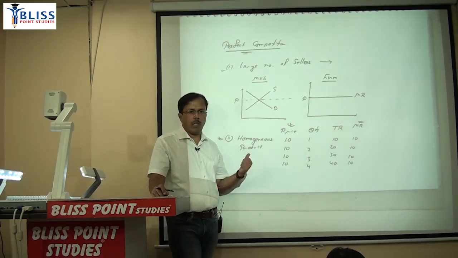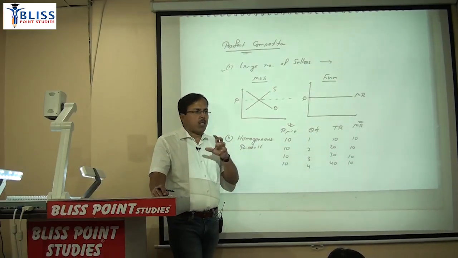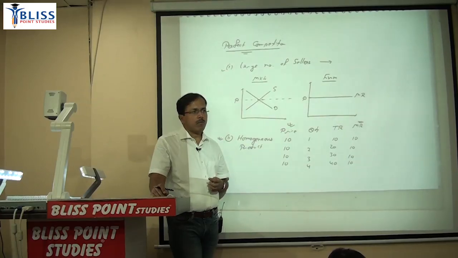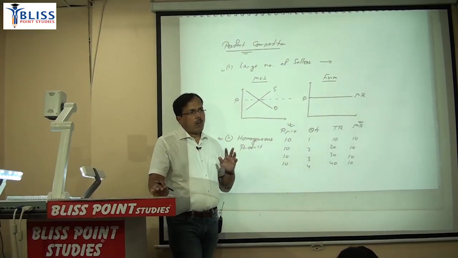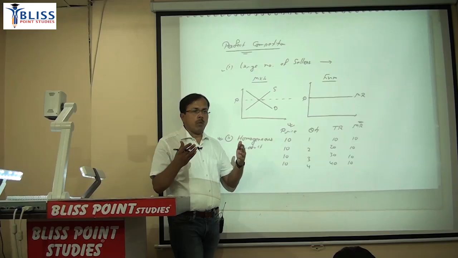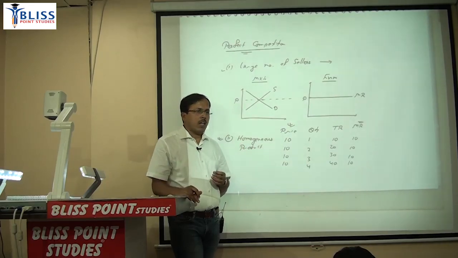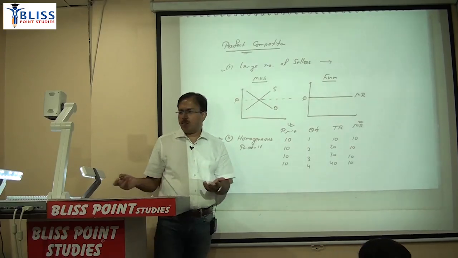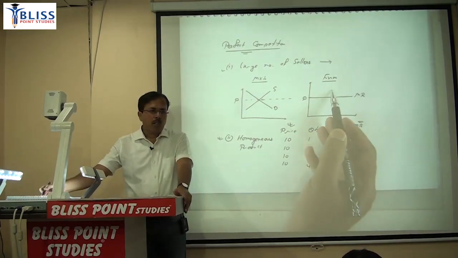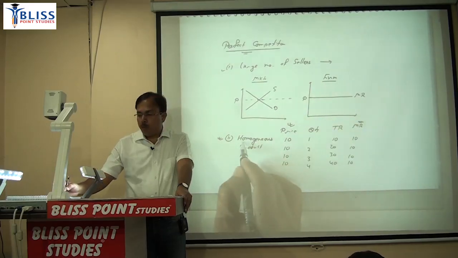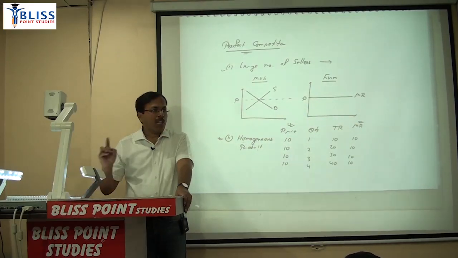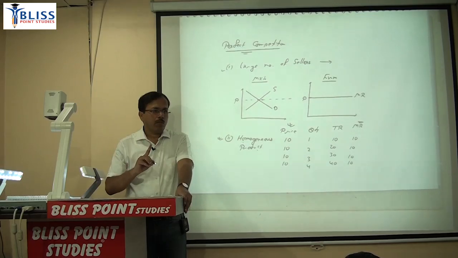All firms produce the same product, identical in texture and colors, but most importantly, it implies that no firm can charge a different price. Because the consumer knows that all firms are selling the same good, no firm can charge a different price. Whenever the product is homogeneous, the price will remain the same.